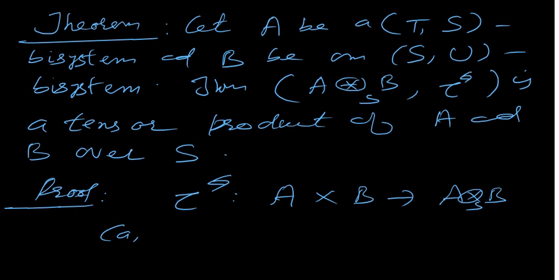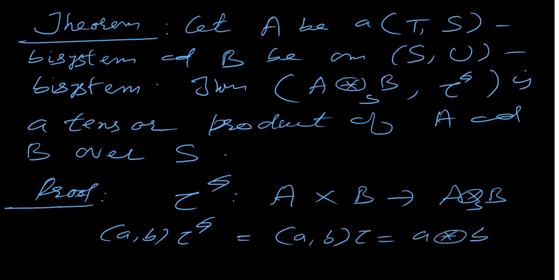So the image of AB under tau natural is actually the tau class of AB, and that has been denoted by A tensor B, and we will see that this map is a bimap. We show that tau natural is a bimap.